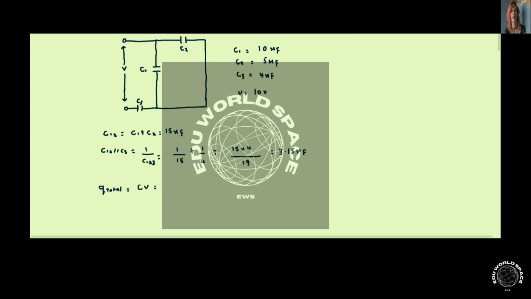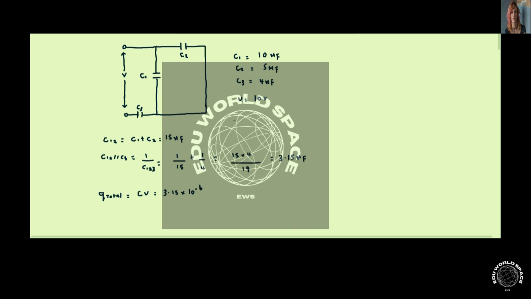We know the total capacitance from the first step is 3.15 times 10 to the negative 6. We know V is equal to 100.